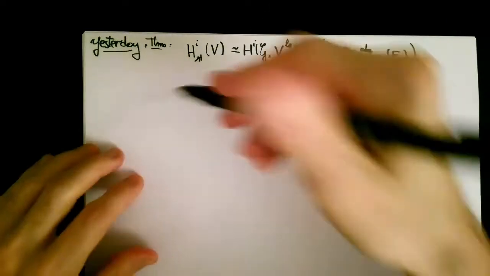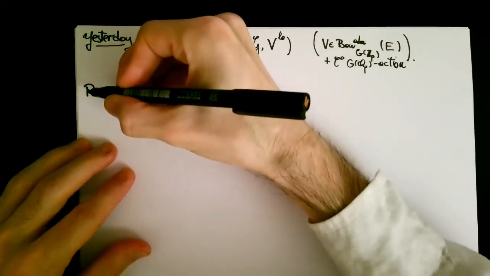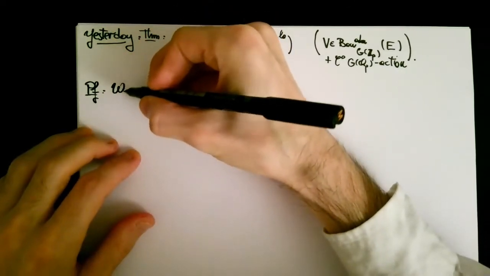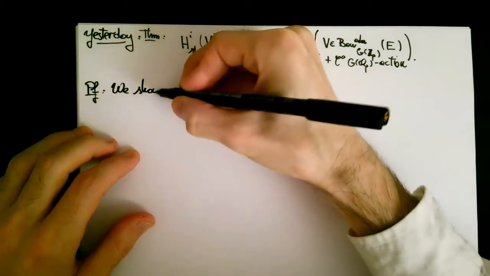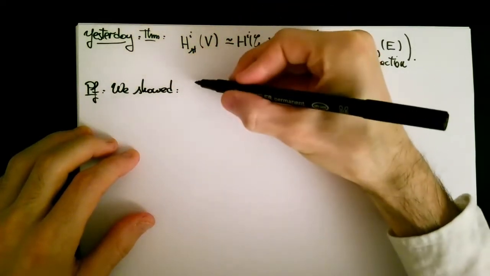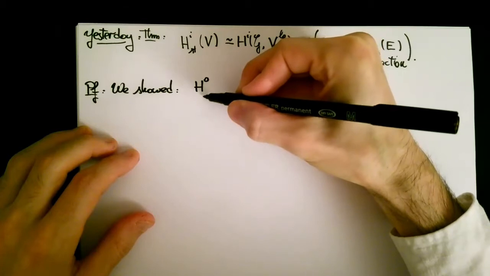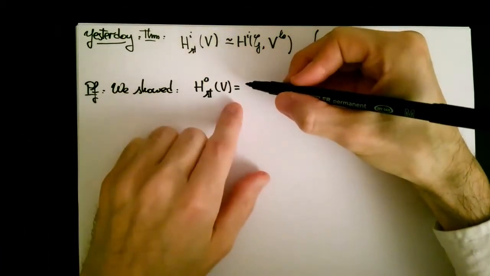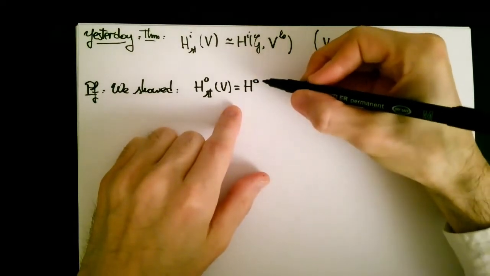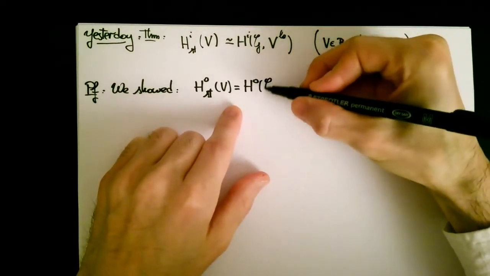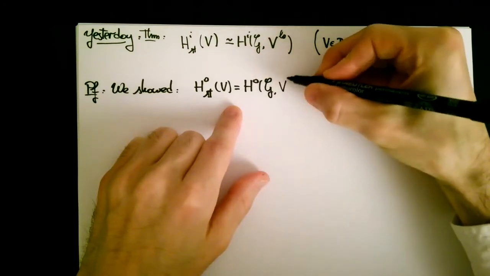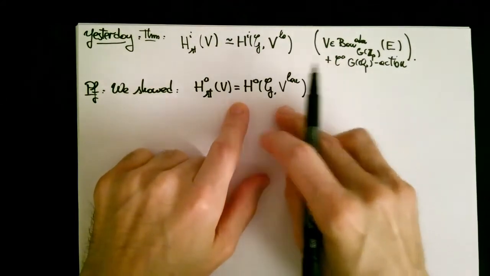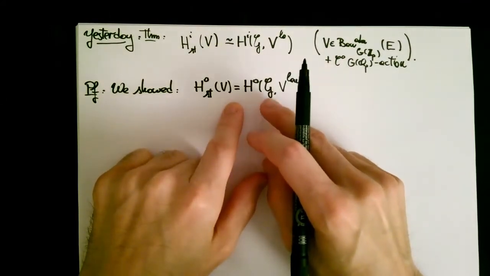All right, so in the proof, we already showed that the H^0 stable of V is equal to the H^0 of G with coefficients in V locally analytic, which was the motivation of the question of Hida about why we cannot use the Grothendieck spectral sequence.